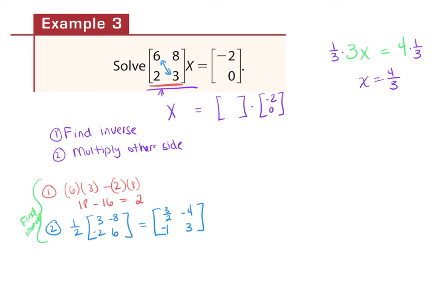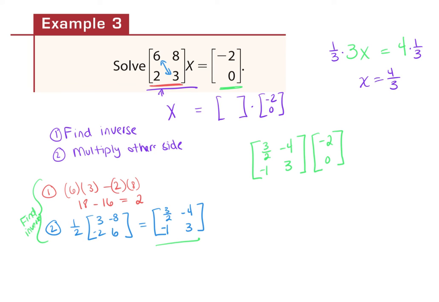All right, now I am going to take this inverse and multiply it with matrix multiplication. So I'm going to say 3/2, negative 4, negative 1, 3. And I am going to multiply it by negative 2, 0. All right, so we're going to do row by column multiplication here.